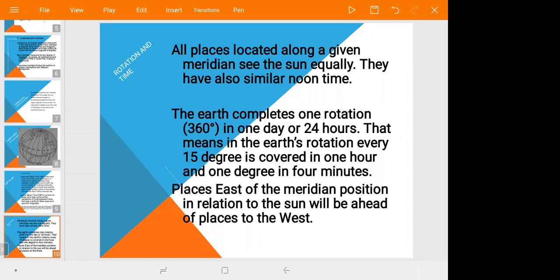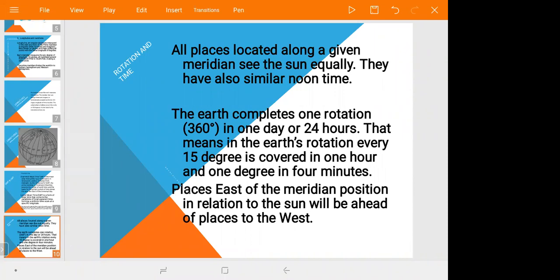Therefore, if places have a longitude difference of 15 degree, then these places have an hour difference. If 2 places have only 1 degree difference, these 2 places have a 4 minutes difference. This time difference, if you travel to the east of the prime meridian, is to be added. If you travel to the west of the prime meridian, it is to be subtracted.